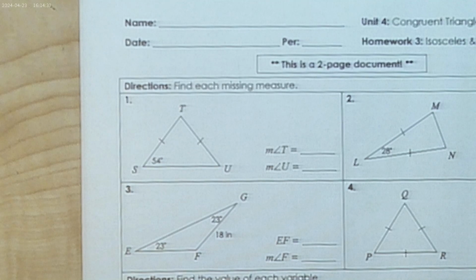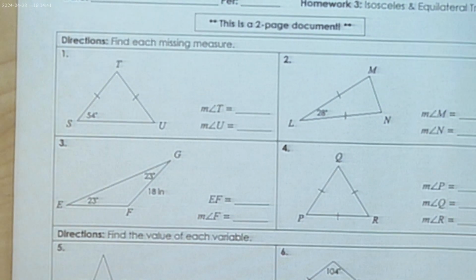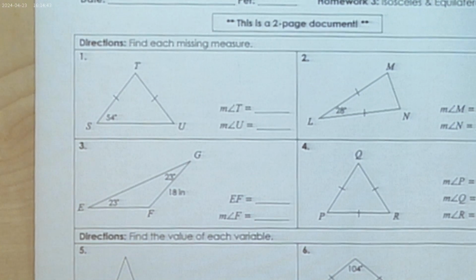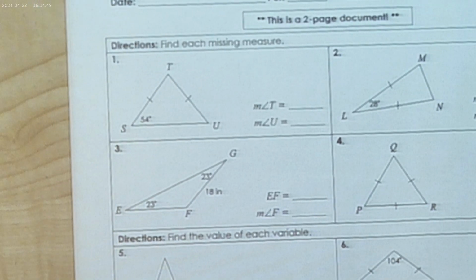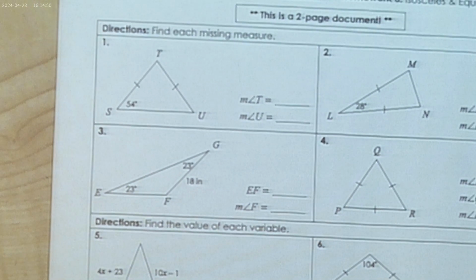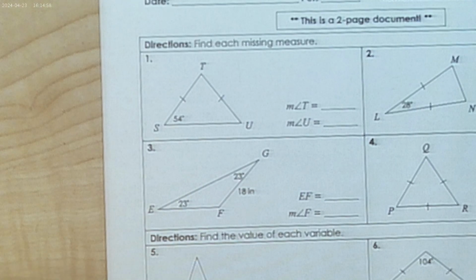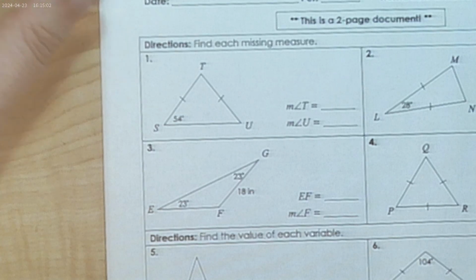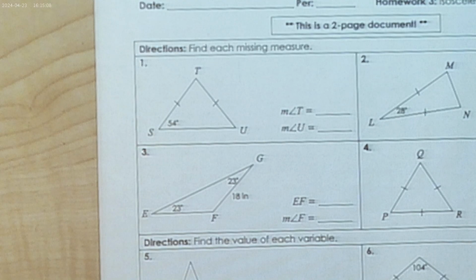So again, we're going to be focusing on isosceles and equilateral triangles. We are combining isosceles and equilateral triangles because there isn't much for equilateral.